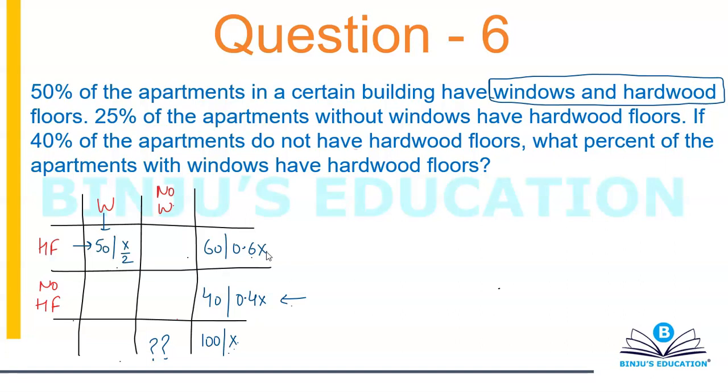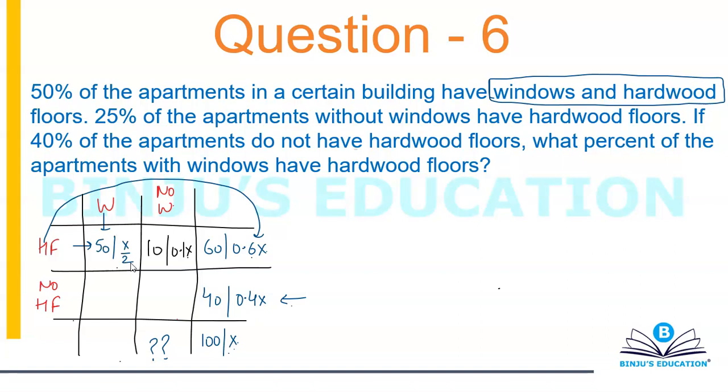Alright, now if this total hardwood is 60 or 0.6x, then I can say that hardwood and no window, that is the block left next to the one in which we have written 50 and x by 2, this value will become 10 or 0.1x. Why 0.1x? Because x by 2 is 0.5x, 0.6x minus 0.5x is 0.1x.